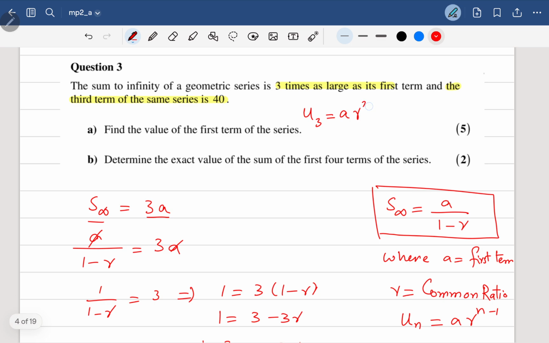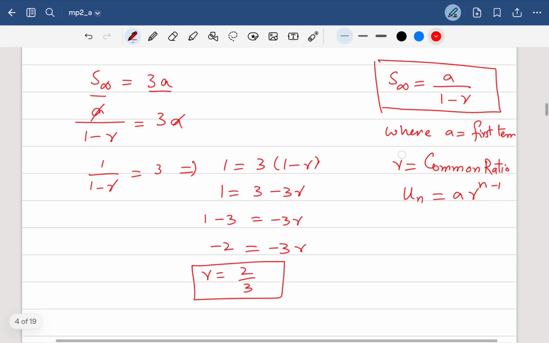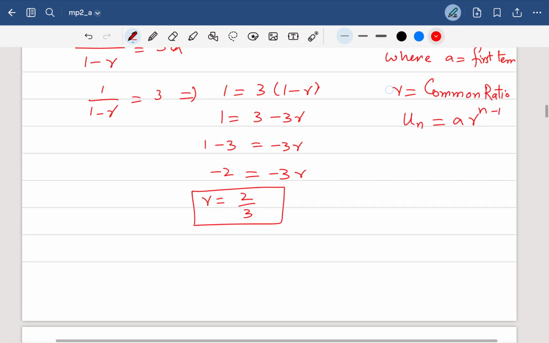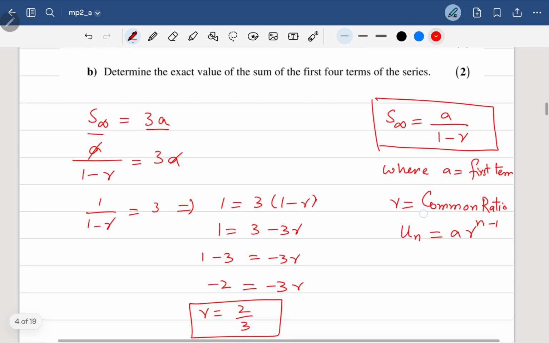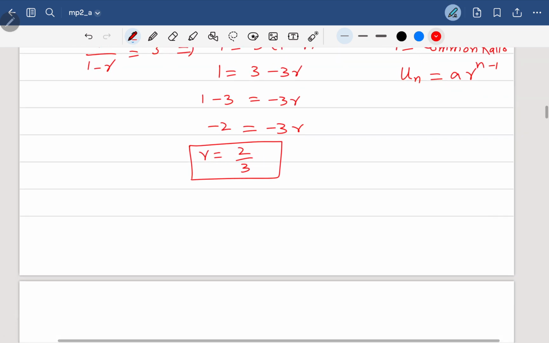So 3 minus 1 is 2, so u3 should equal a times r squared. Since u3 is 40, it's given in the question, u3 is a times r to the power 2, and u3 is 40.